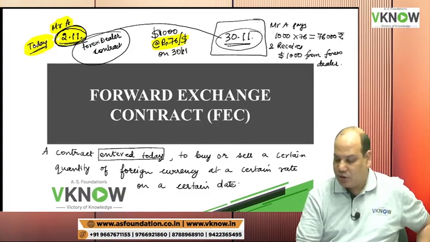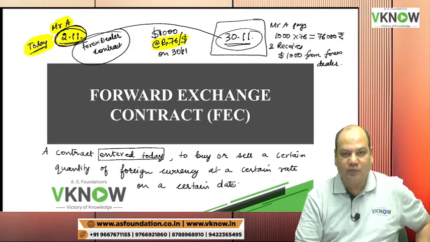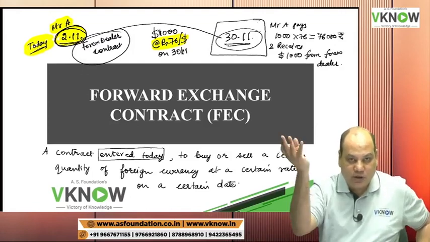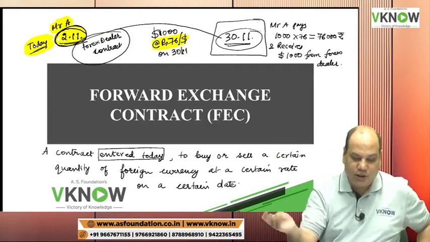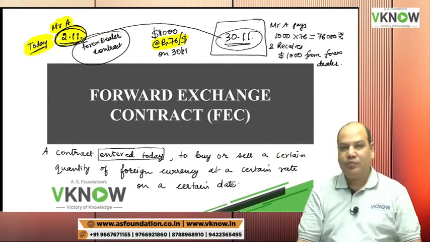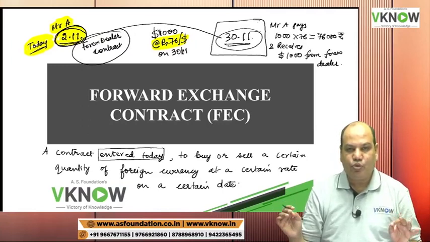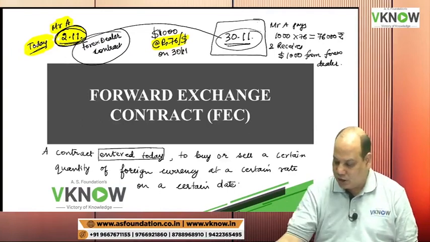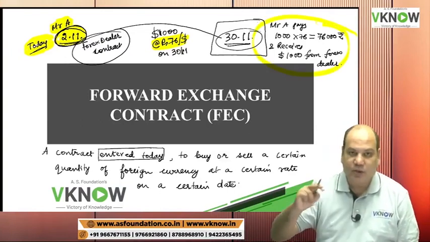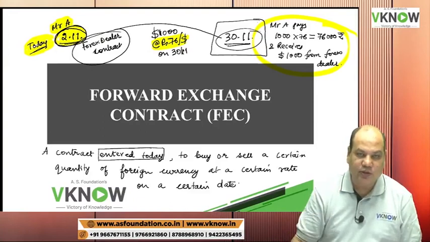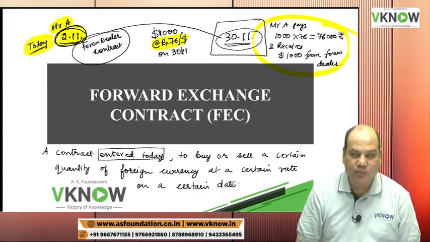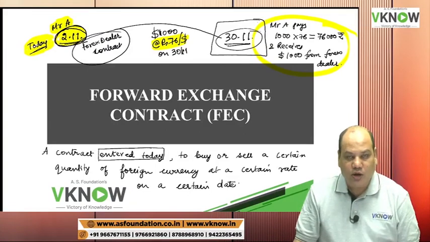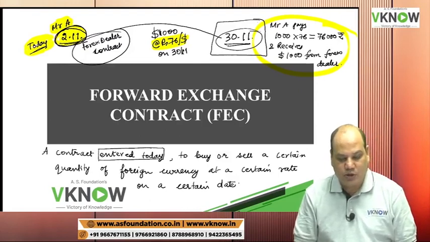The benefit to Mr. A is that he is not worried about what will be the exchange rate after 1 month. After 1 month, the exchange rate may be 80 rupees, 85 rupees. But he has a contract to purchase $1,000 at 76, and therefore irrespective of whatever is the exchange rate on 30th November, Mr. A will be able to purchase the dollar at 76 rupees per dollar.